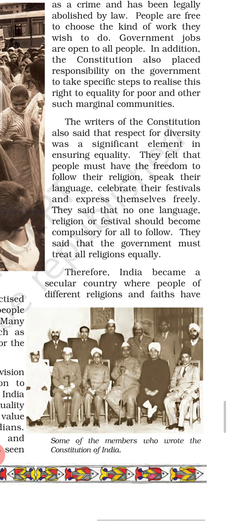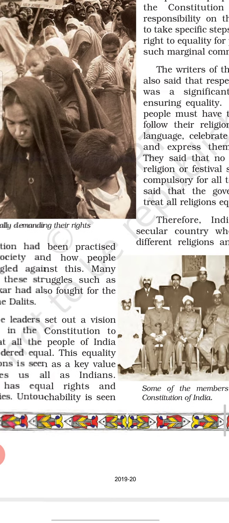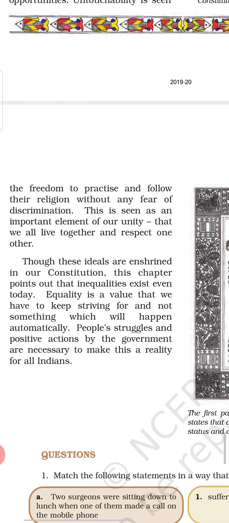Therefore, India became a secular country where people of different religions and faith have the freedom to practice and follow their religion without any fear of discrimination. This is seen as an important element of our unity, that we all live together and respect one another. So that's why India is a secular country. People following any religion can live, they can practice their religion, their culture and tradition, and nobody can stop them from doing this.